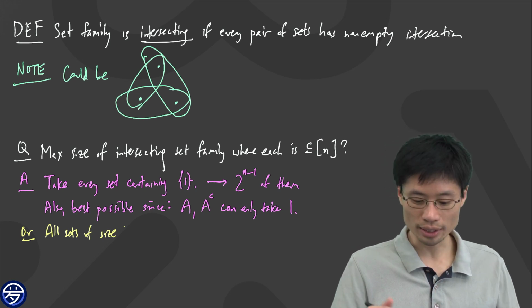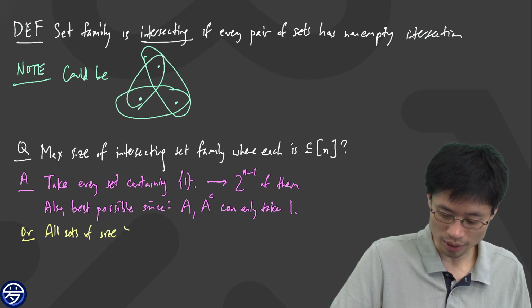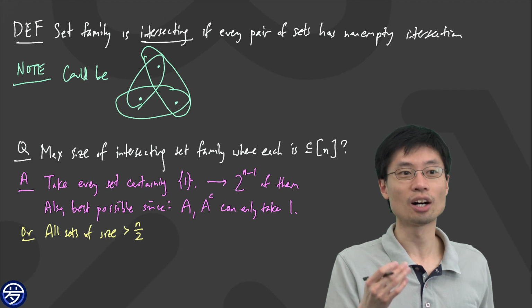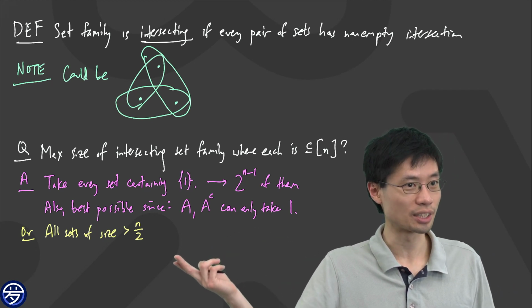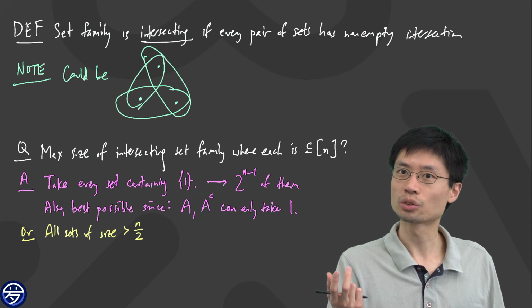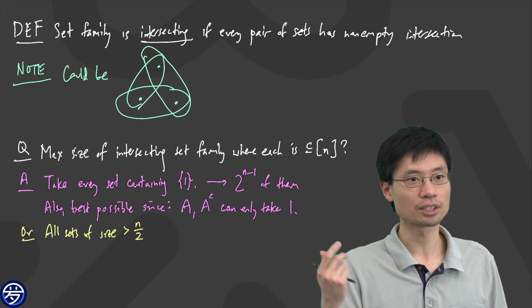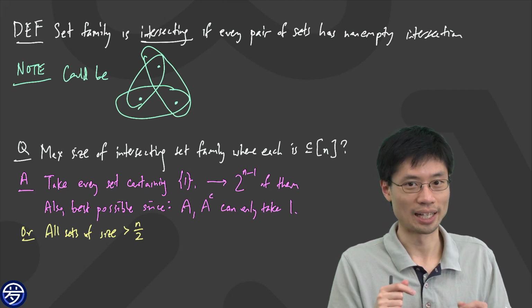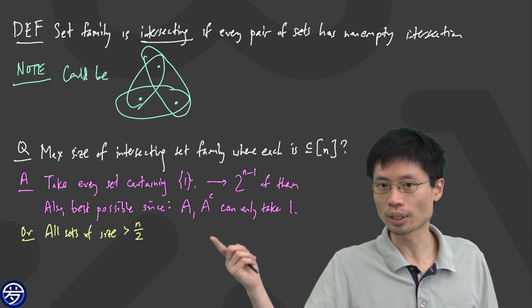So just a second. Are you saying all sets of size which are strictly bigger than n over 2? I think that's what you mean. Oh, yeah, that is what you mean. Yeah, it's not all sets of size equal to k. You want to say all sets of size strictly bigger than n over 2. And if you have all sets of size strictly bigger than n over 2, then certainly they're going to intersect because of the pigeonhole principle, not enough space, right? And in particular, you said that will work on a certain parity.